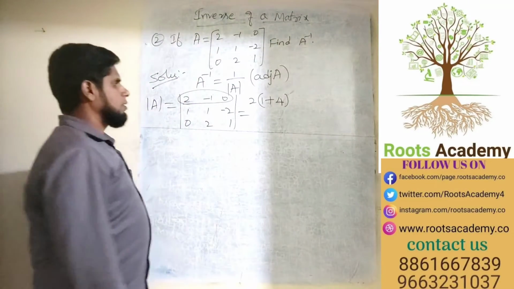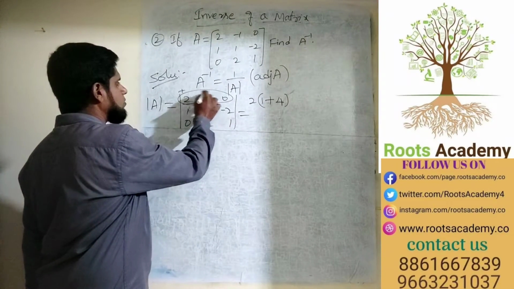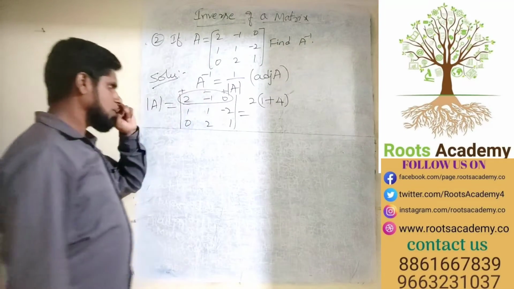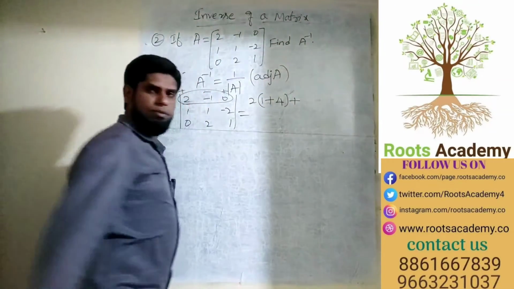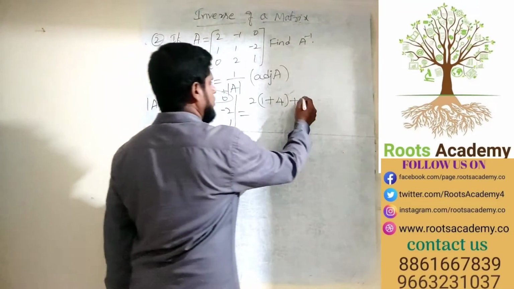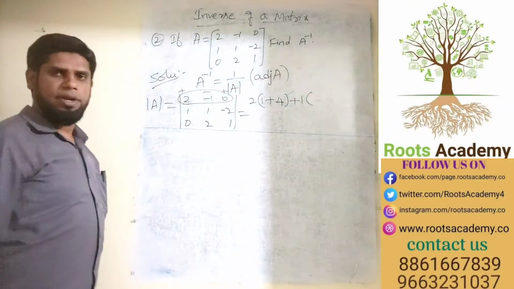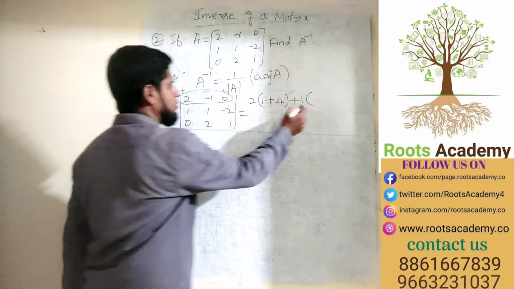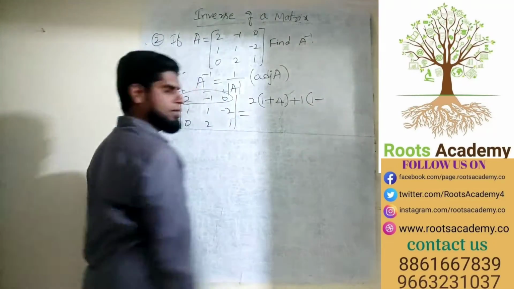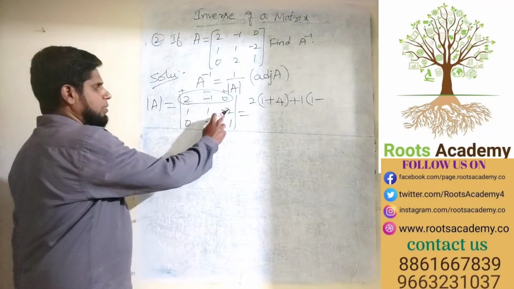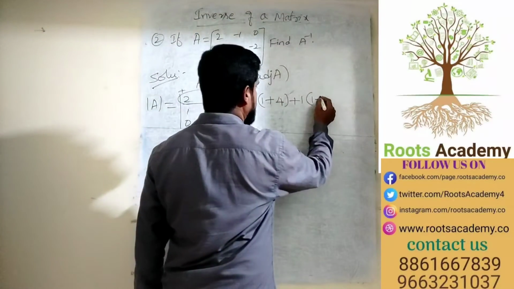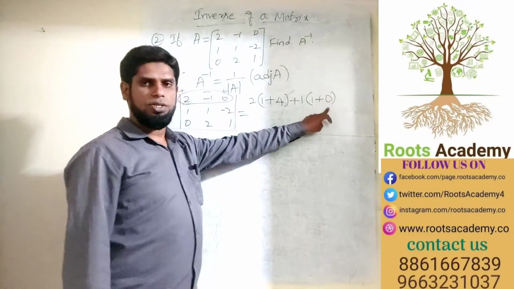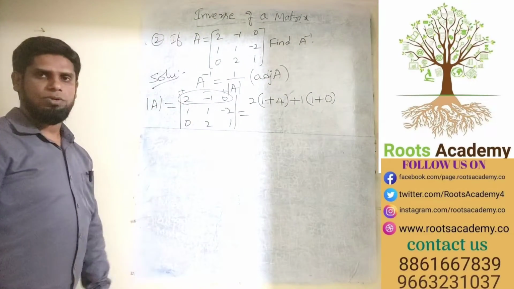The hidden signs are plus, minus, plus, so I have minus 1 but its hidden sign is minus, so minus into minus it is plus 1. Now this time I should eliminate the first row and second column. So what do I get? 1 into 1, 1 minus 0 into minus 2, it's minus 0, or minus into minus, you can write plus 0. Anyhow 0 doesn't have any sign, you can write minus 0 or plus 0, no issues.